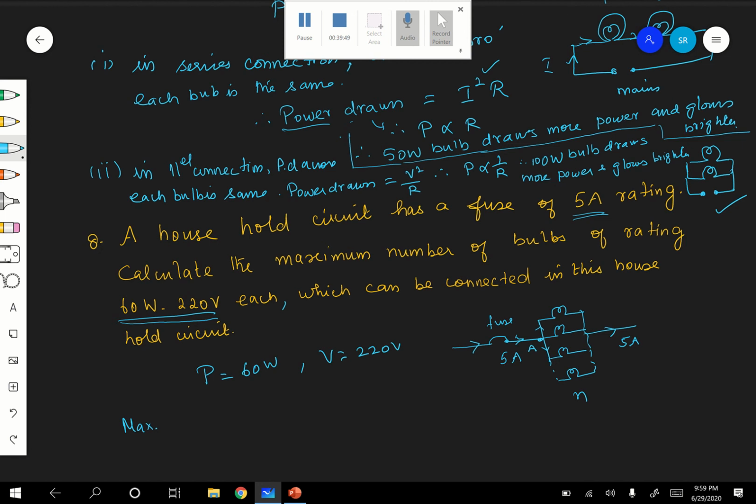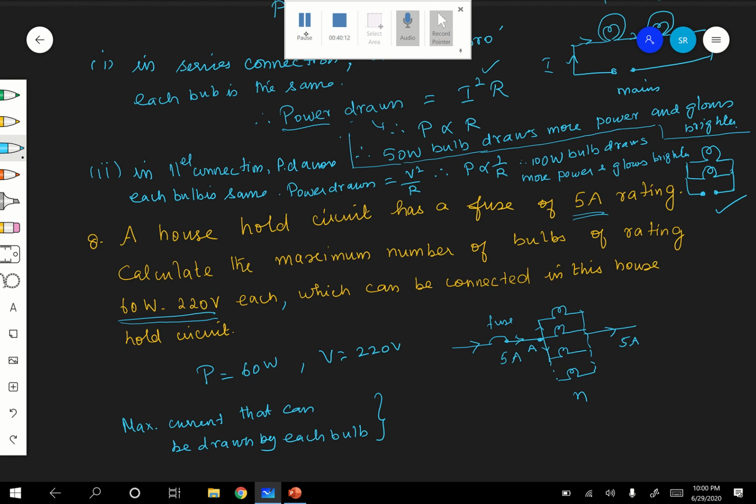If the current goes beyond that, that bulb will not work. That is why we need the maximum current that can be drawn by each bulb. What is that maximum current?